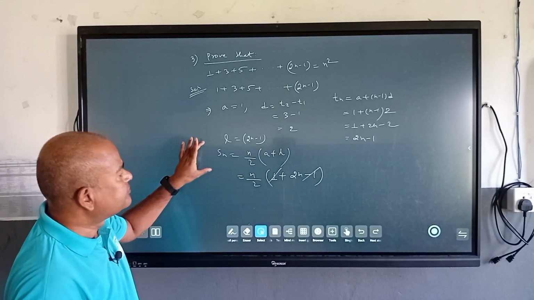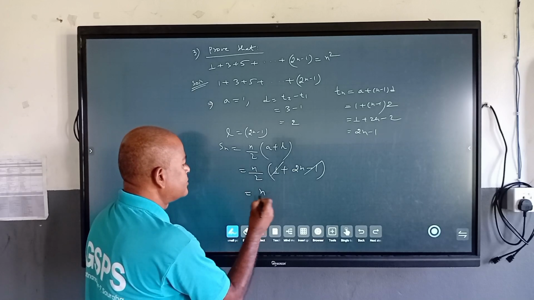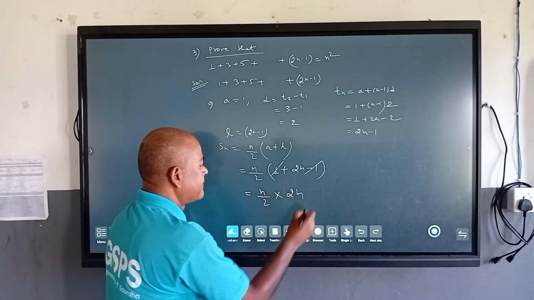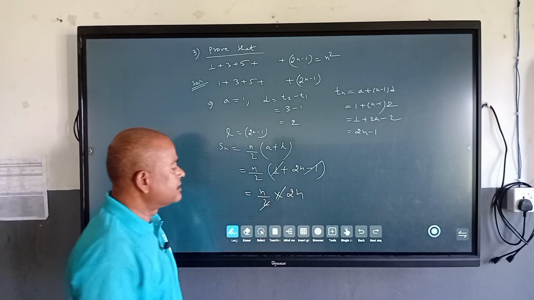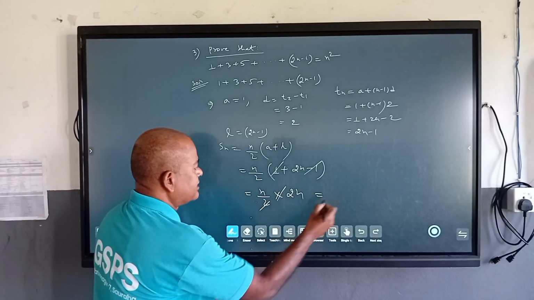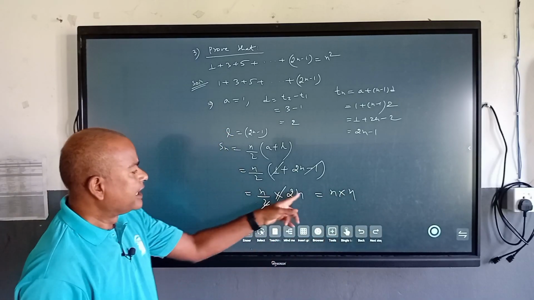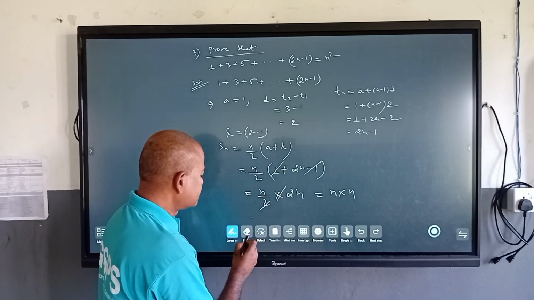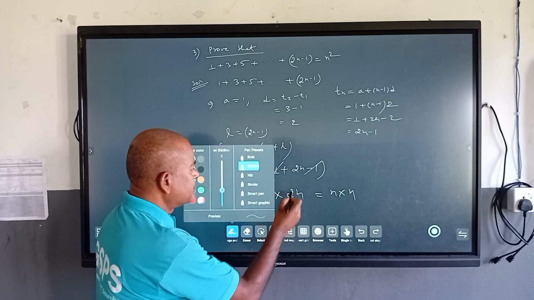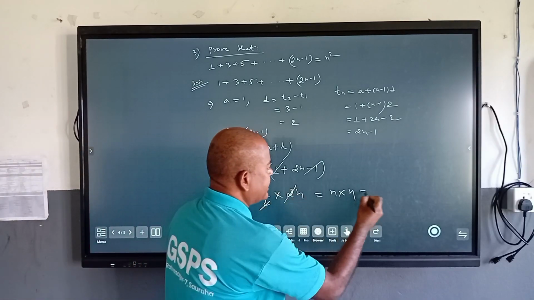Dear students, now the remaining terms are n by 2 times 2n. So if we cancel 2 from numerator and denominator, then we get n times n equals n square.